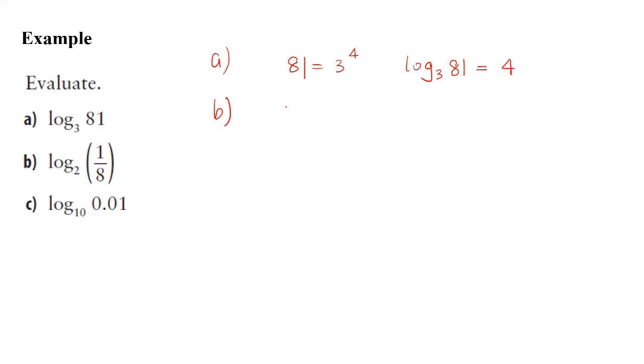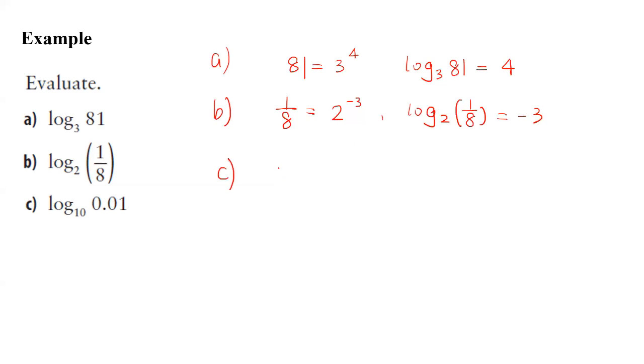Next one, note that 1 over 8 is simply 2 raised to the power of minus 3, right? So the log base 2 of 1 over 8 is negative 3, right?